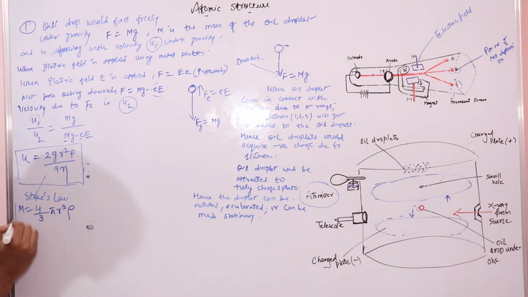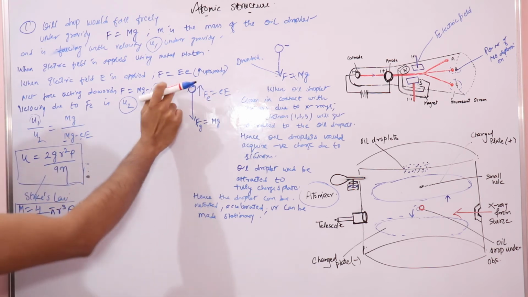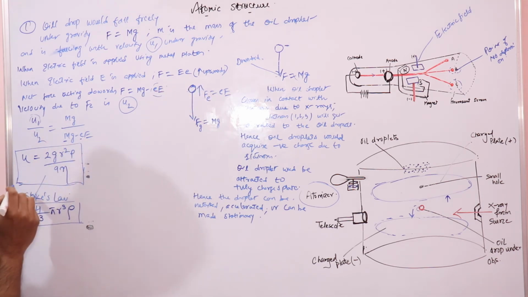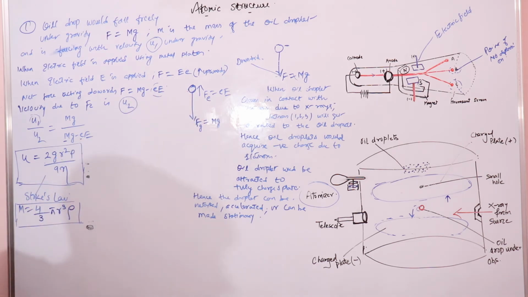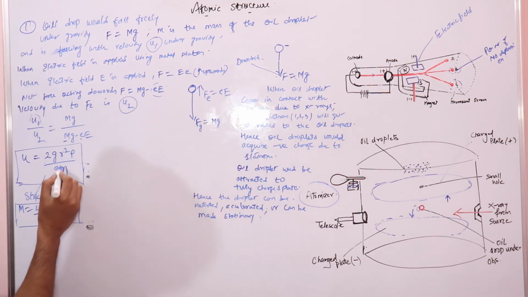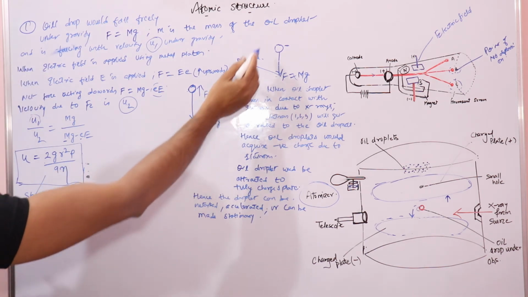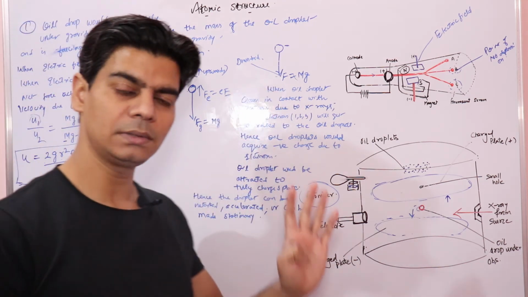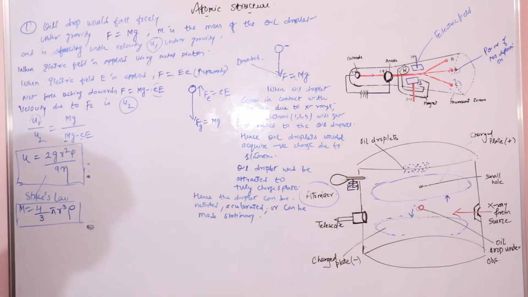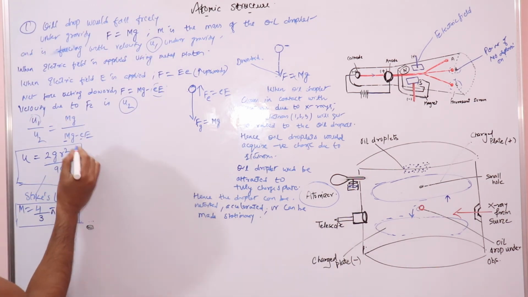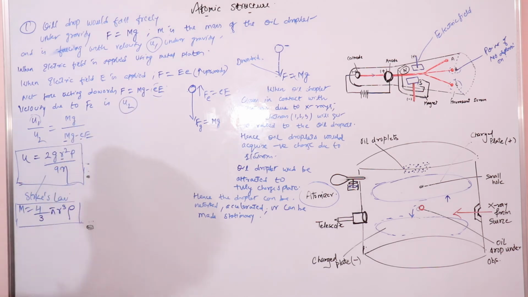The velocity of the droplet falling freely is 2g r square rho upon 9 eta, where eta is the coefficient of viscosity of air, because if it's falling freely, the resistance due to air acts in the opposite direction. So these are the two formulas from fluids.